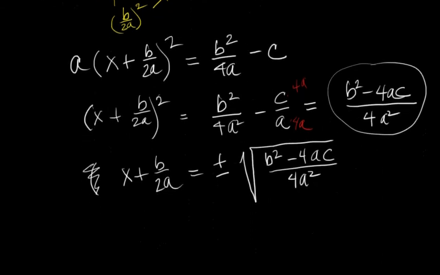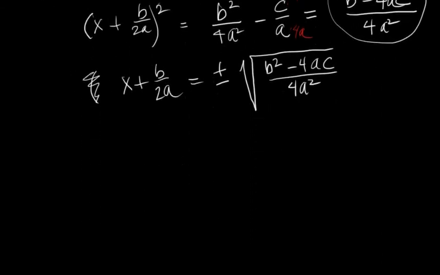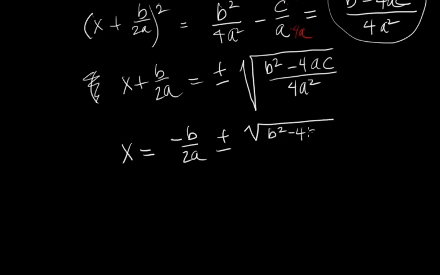So you can see the quadratic formula popping right out here. So I will add minus b over 2a to both sides, getting x is equal to minus b over 2a plus or minus the square root of b squared minus 4ac, and since the denominator is a perfect square, I'll take the square root off.